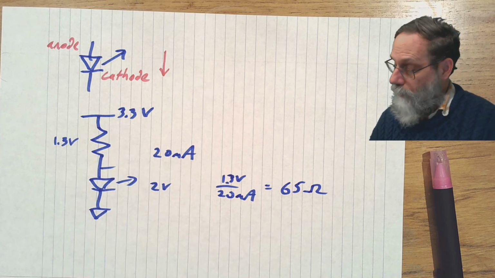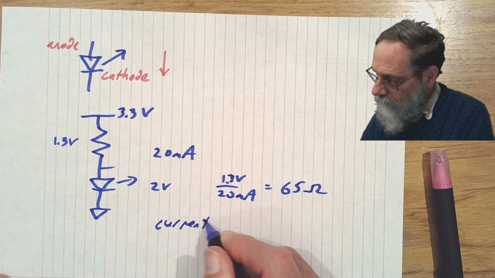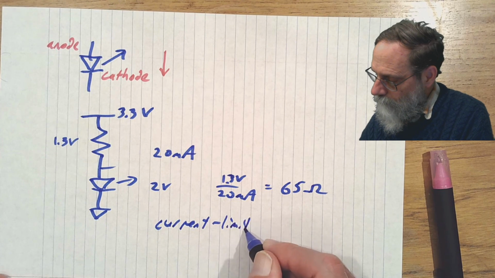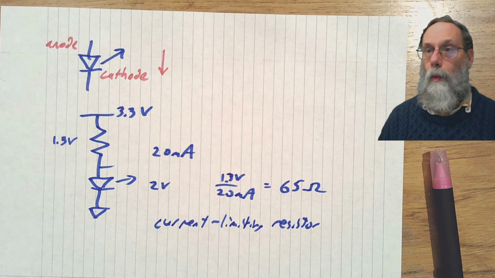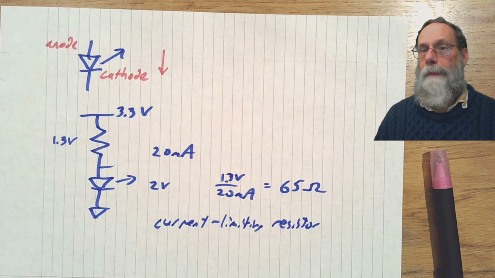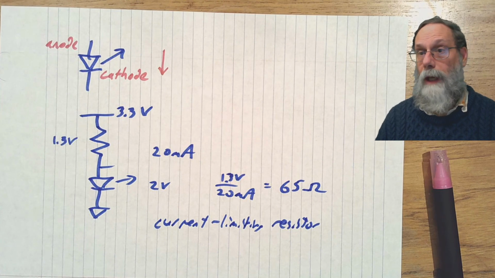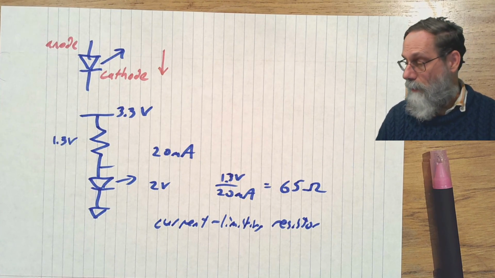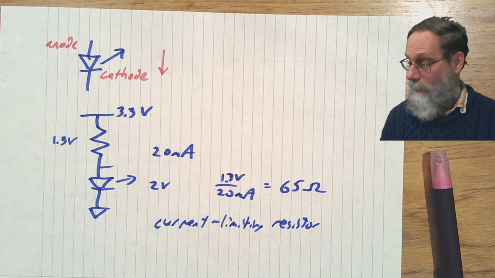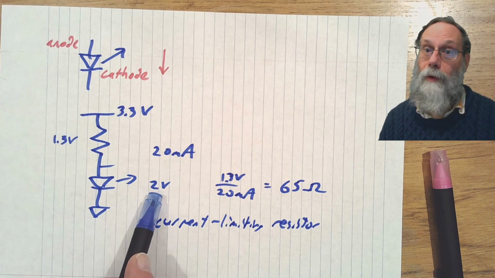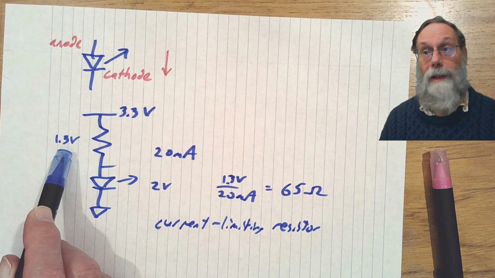That sort of resistor is known as a current limiting resistor. And we nearly always will have one with an LED. Now, if it turns out the LED has a slightly higher forward voltage for 20 milliamps, then what will happen is we'll get a little less than 20 milliamps through this thing, because if this is at 2.1 volts instead of 2 volts, then I'll have a little bit less voltage across the resistor and a little bit lower current.